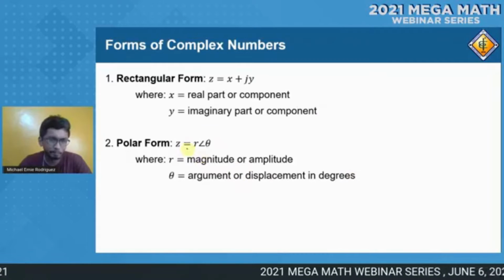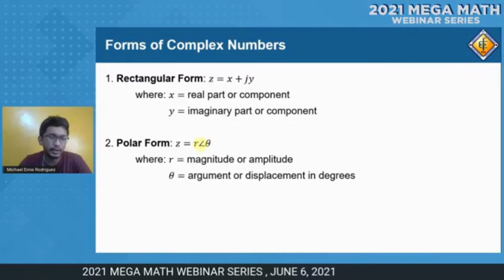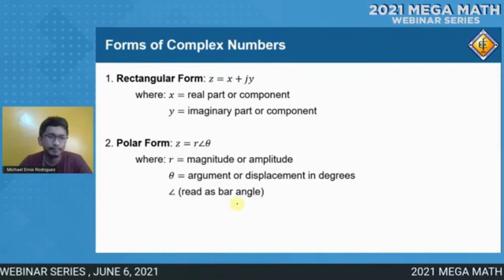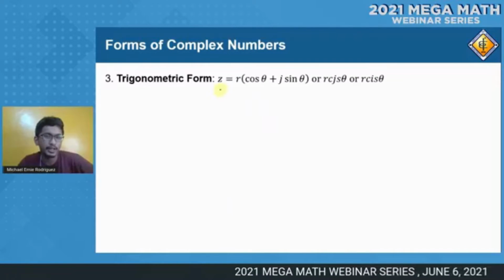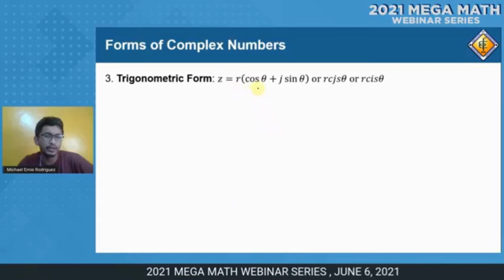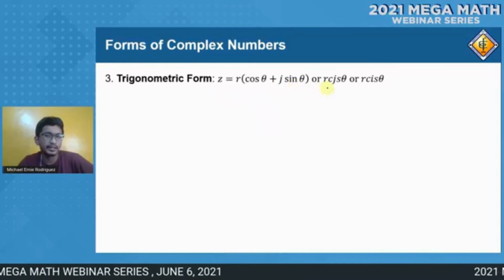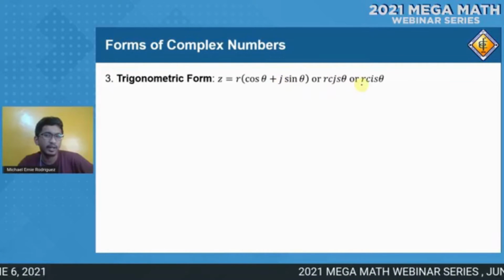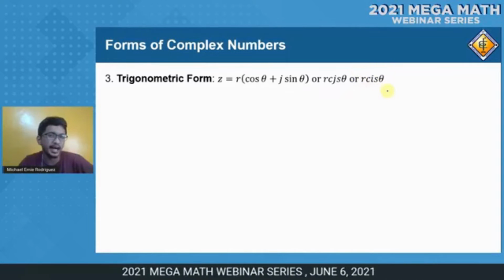And then, itong symbol na to, that is read as your bar angle. Next form is the trigonometric form. So we have z is equal to r times the quantity cosine theta plus j sine theta, or that is r c j s theta, or kung this is I operator, we have r c I s theta, or that is r cis theta.